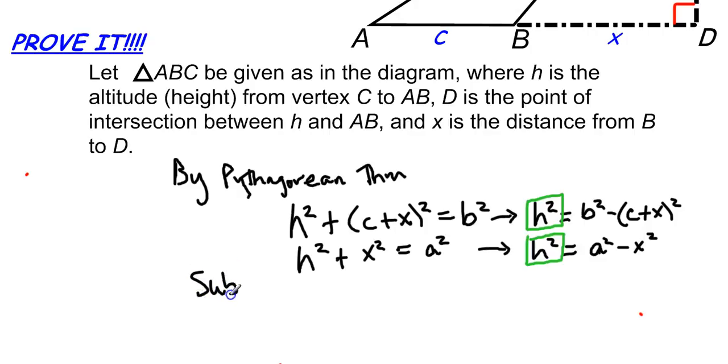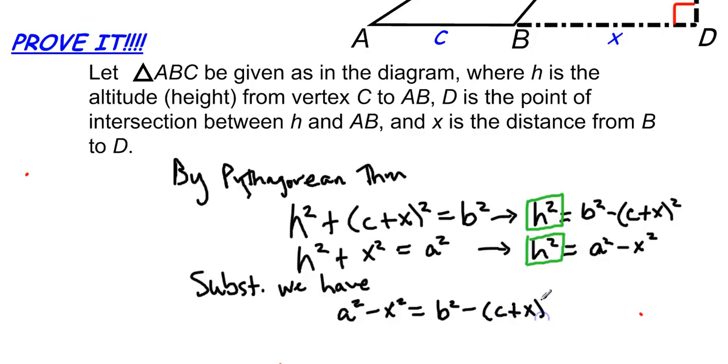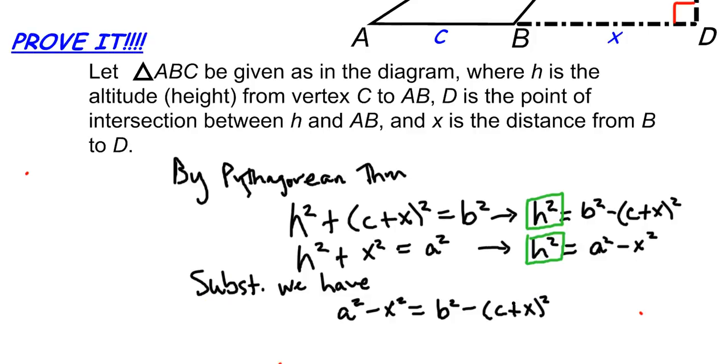So substituting, I'm going to abbreviate a little bit here because my pen's not real great, but we end up with something that looks like this: a squared minus x squared equals this quantity over here, b squared minus c plus x squared.